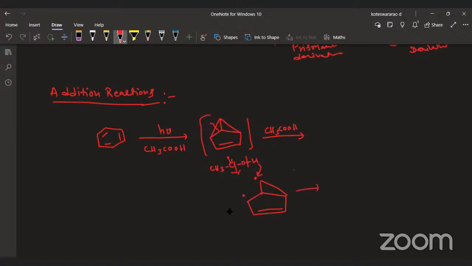Here is the hydrogen, and another radical is there. This is reacting with acetoxy. When both combine, that leads to the formation of addition product.